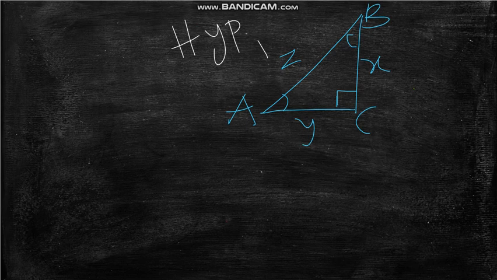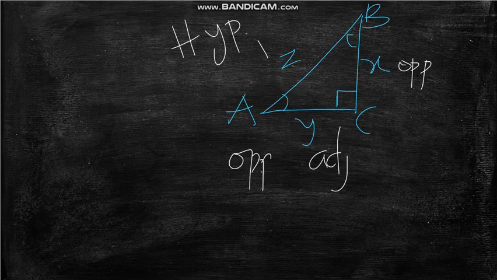If we are considering angle A, the side X becomes the opposite and Y becomes the adjacent. But if we are considering angle B, the side Y becomes the opposite and the side X becomes the adjacent. Please take note of that. That is very important.